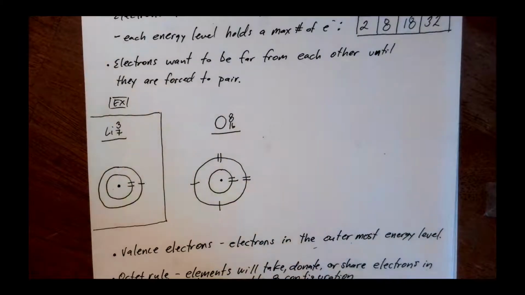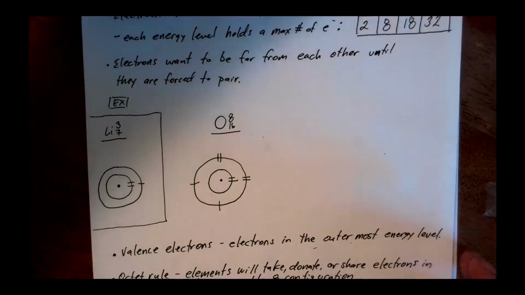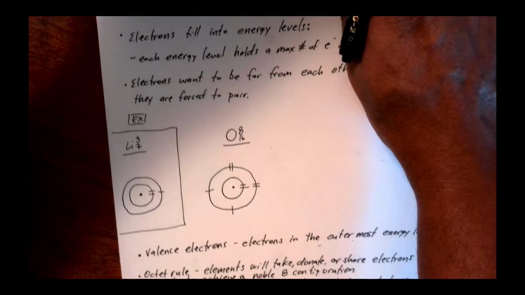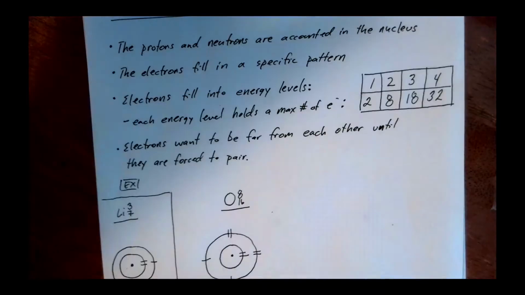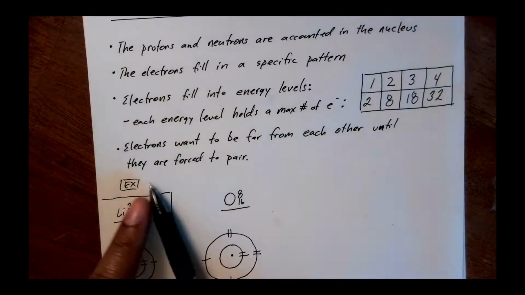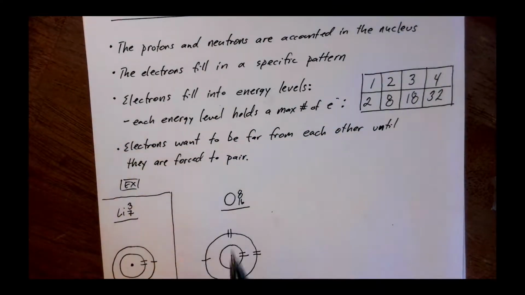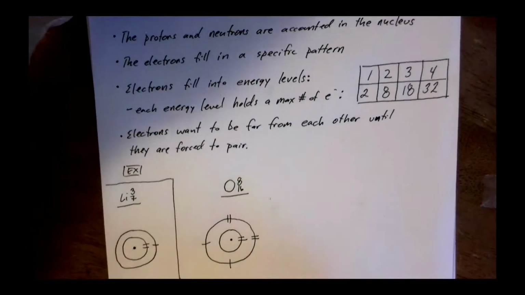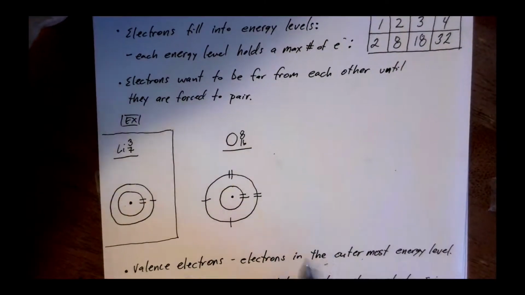Okay. Let me refer you also back to our notes before we move on to our final, most complicated example. Electrons want to be far from each other until they are forced to pair. And what that means is what we see here. I will put it as far apart, then on the top, then on the left, then on the bottom. And then I have to start pairing them.